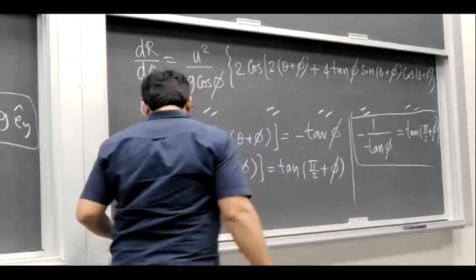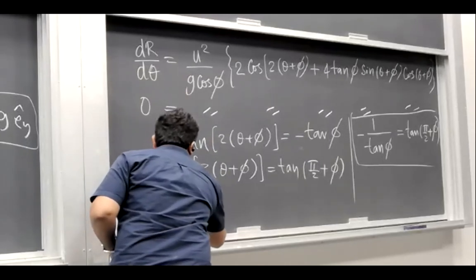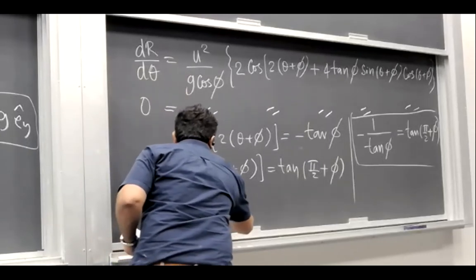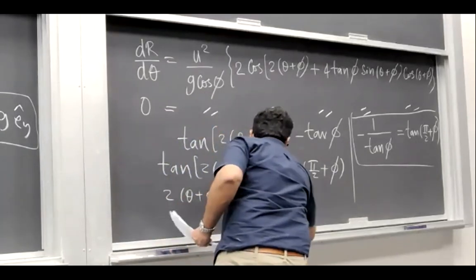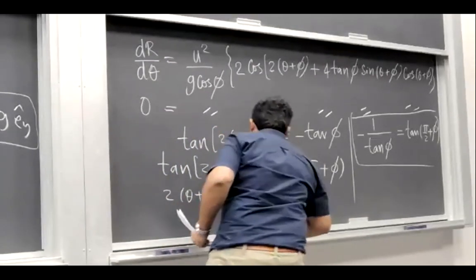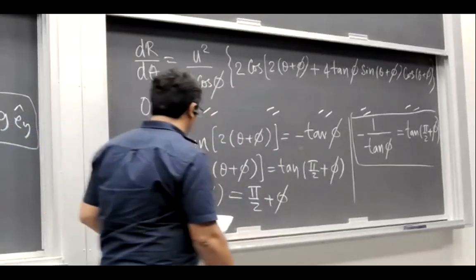Okay. Now this is simpler. This gives you 2 theta plus phi is equal to pi by 2 plus phi. Okay, we're slowly getting towards our answer, almost there.